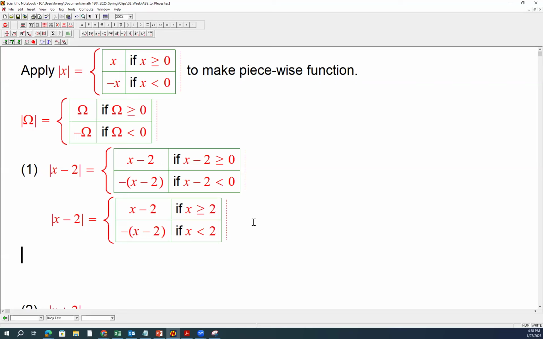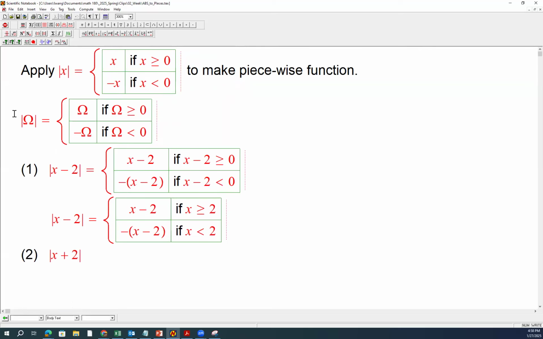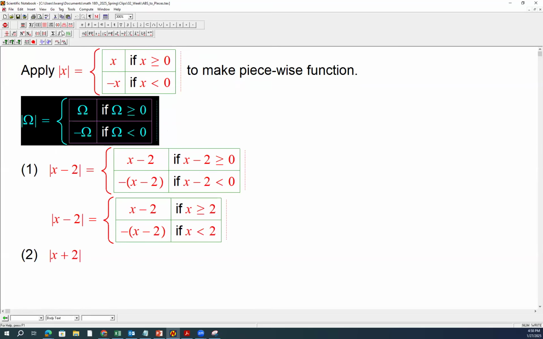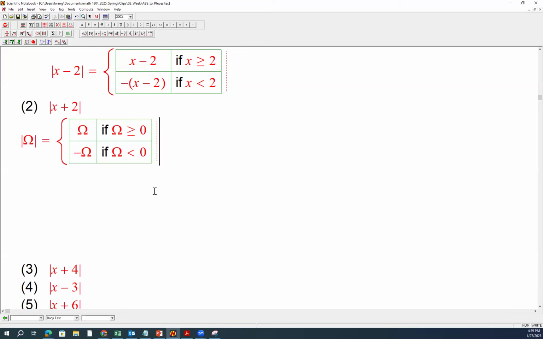All right, so we're going to apply the same technique on the absolute value of x plus 2. So please follow me, okay? You should be doing this alongside me, because as you're doing this, you're not only doing a pre-calculus class, you're also doing calculus, because you will encounter these questions in calculus.